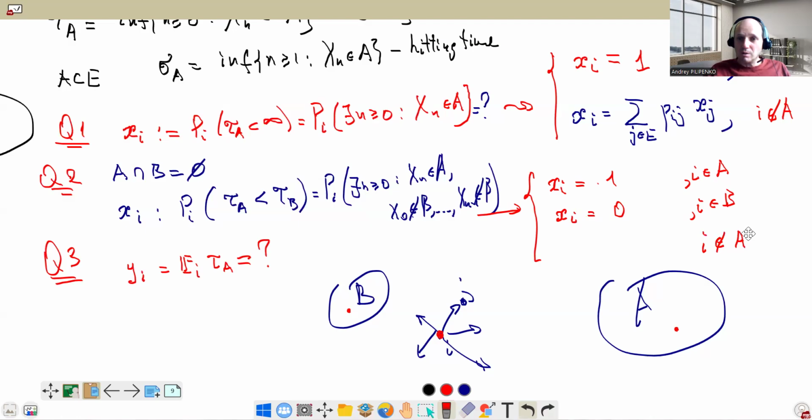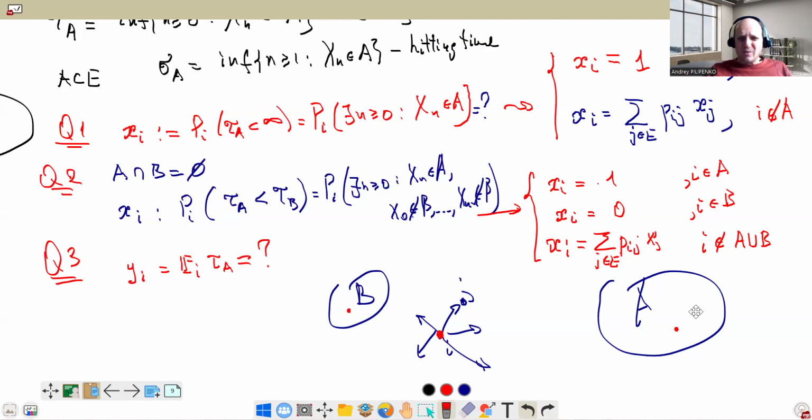And if i is not in the union of A and B, then you make the first step, you make at least one step before reaching A or B, and you write the law of total probability, and you get the same answer: xi is the sum of Pij xj over all j in E. So if you wish to solve these problems, then you have to solve a certain system of linear equations.